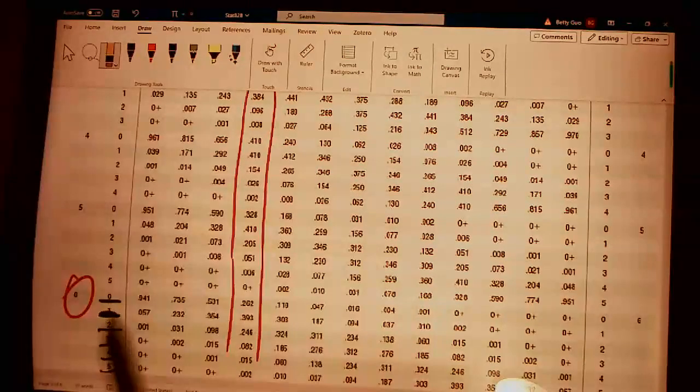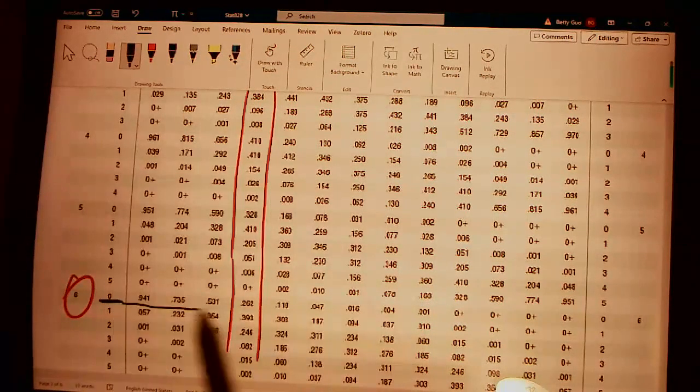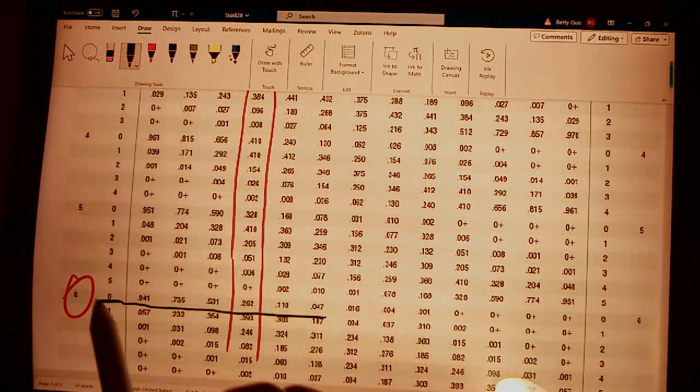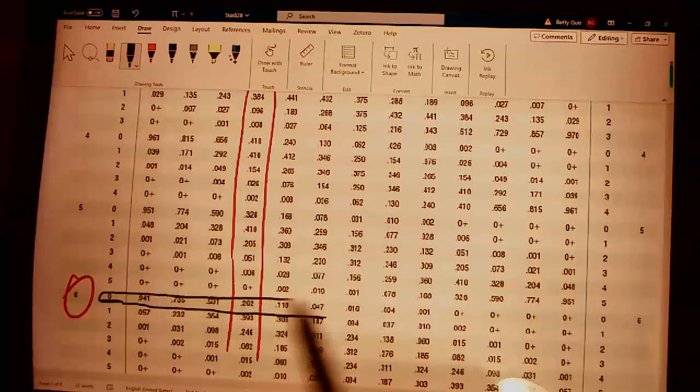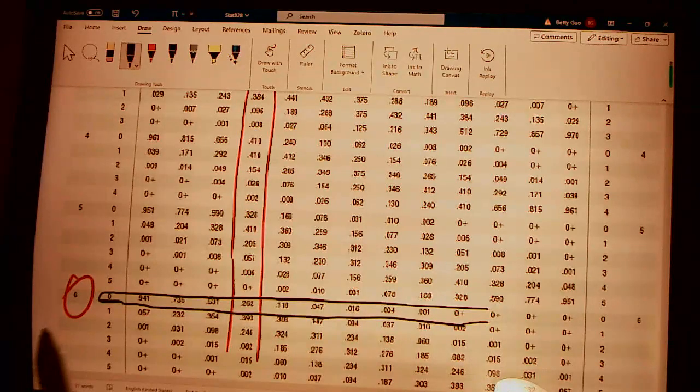Our x is 0, so we're only going to use the first row. Am I clear about that? When n equals 6, and we are looking for the probability that no answer is correct, the lowercase x equals 0. That's why we choose this row.